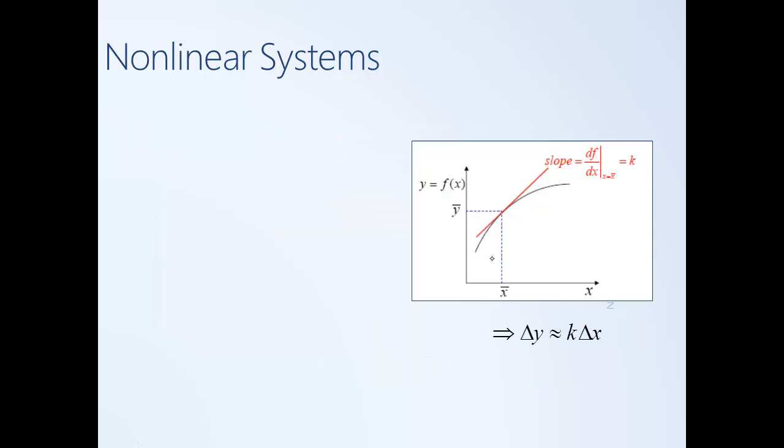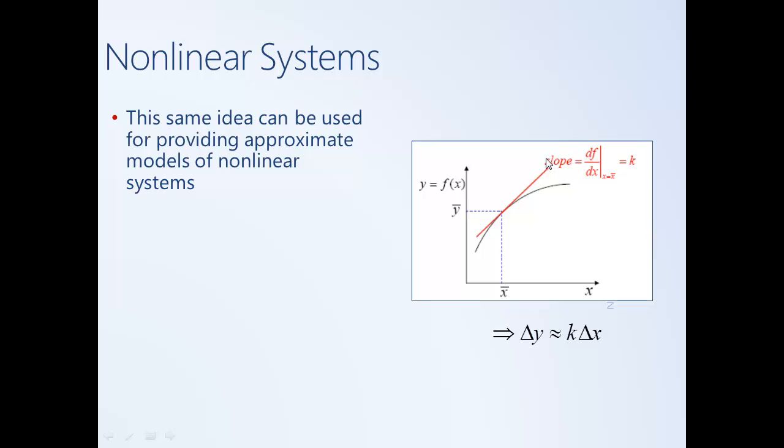In a similar way to how we approximated this nonlinear function by this line, we can also approximate nonlinear system models, that is, nonlinear differential equations, by linearized differential equations.